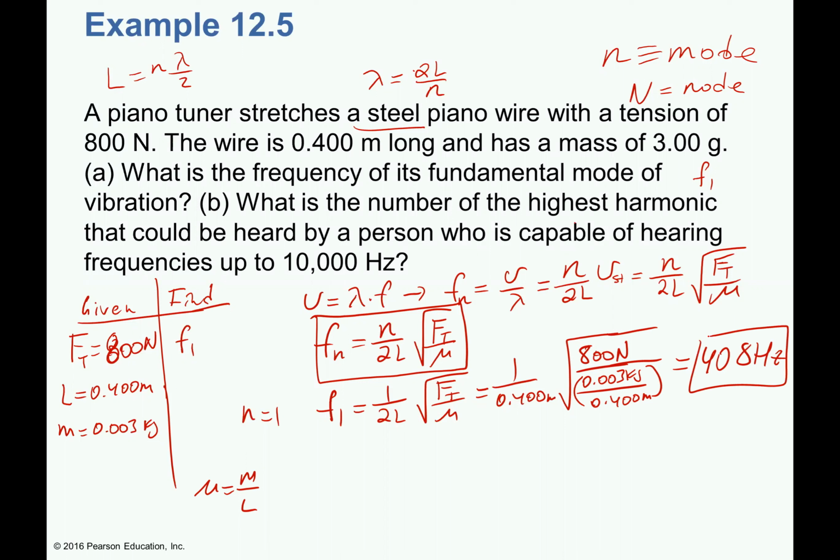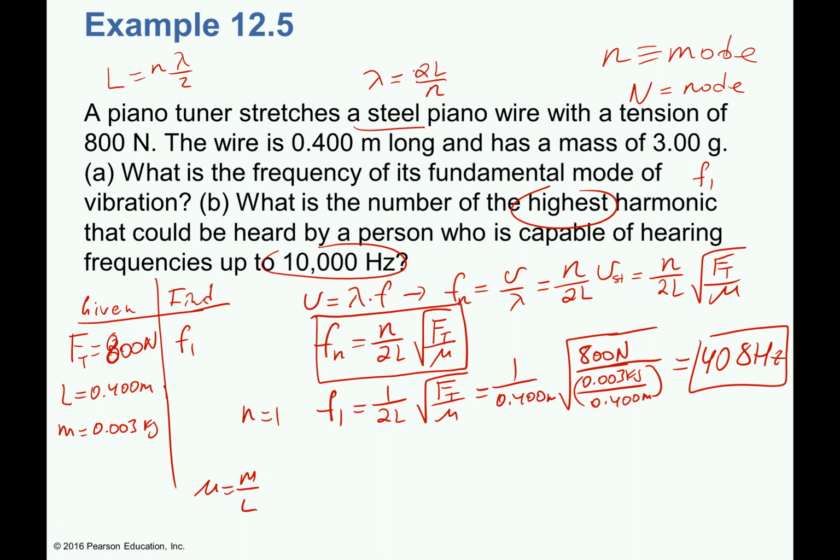That is now my lowest frequency, the first harmonic or fundamental frequency. This wave cannot oscillate with a lower frequency than this, but it can oscillate at higher frequencies, and then it gets different segments. For part B, we want to find the highest harmonic we can have before the frequency goes beyond 10,000 hertz.